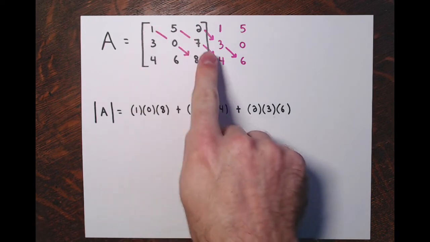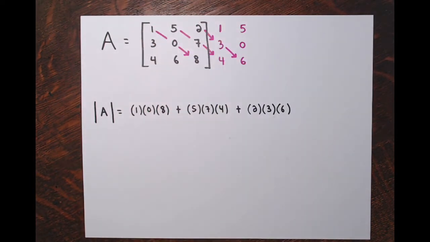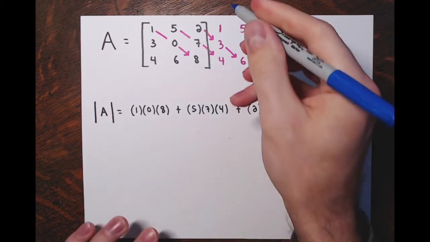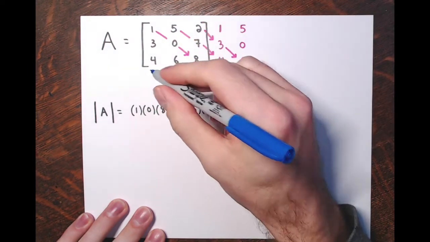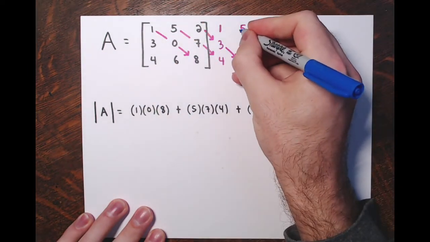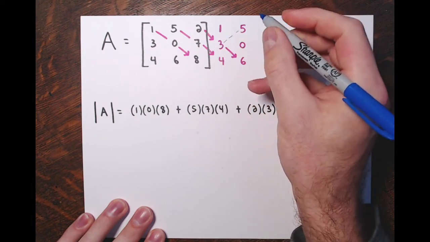All these diagonals going down and to the right, you add. And then you subtract, starting in the upper right hand corner, the 3 diagonals going down to the left. I'll make these dashed arrows.